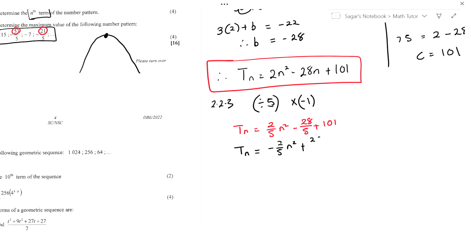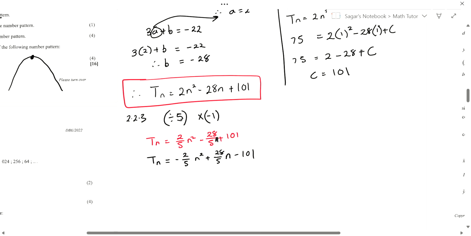Let me explain while I'm writing it. -1 multiplied by 2 all over 5 is -2 all over 5 n squared. -1 multiplied by -28 all over 5 is positive 28 all over 5 n. Plus 101 times -1 is minus 101. And that is your new nth term sequence, right?